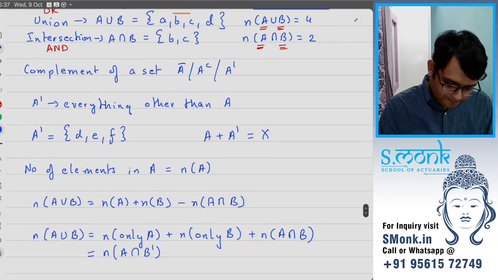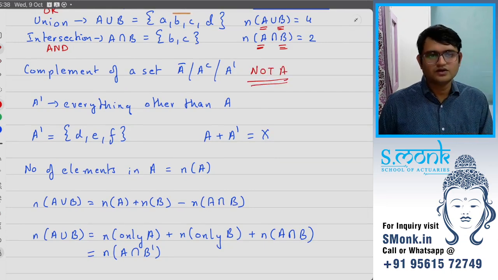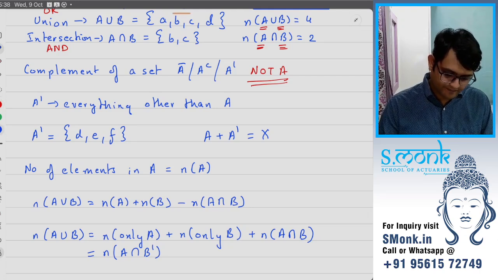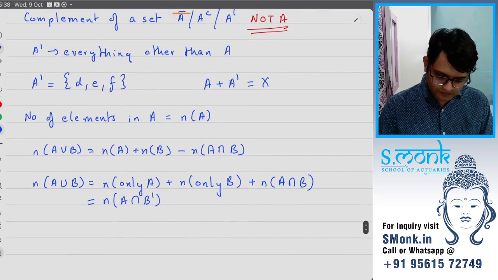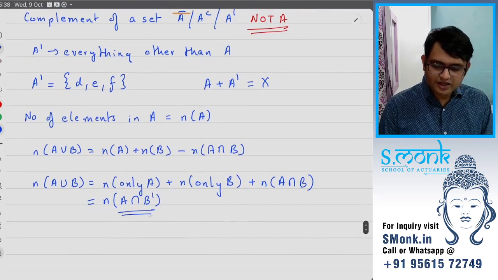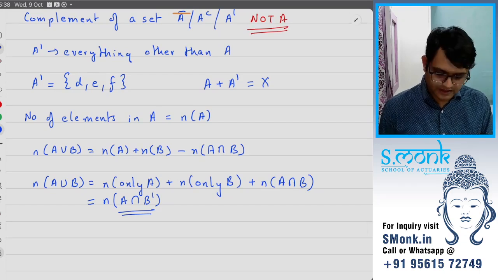Again, the complement of a set A, I can call it not A. So this is nothing but A but not B.